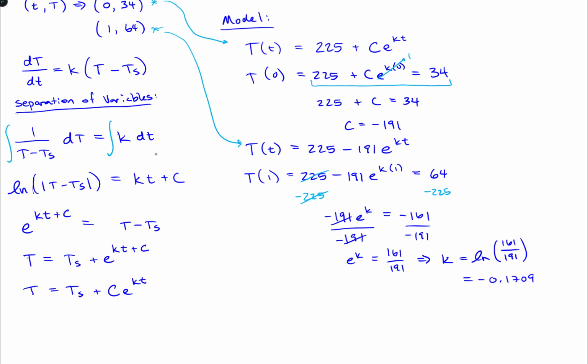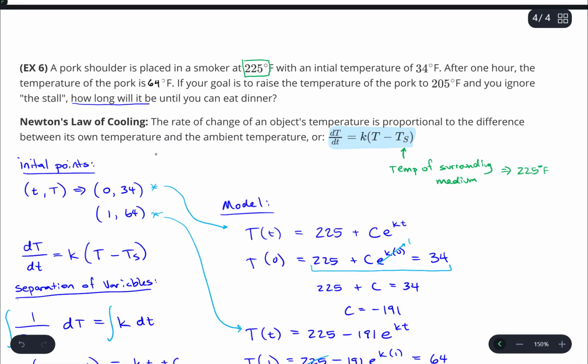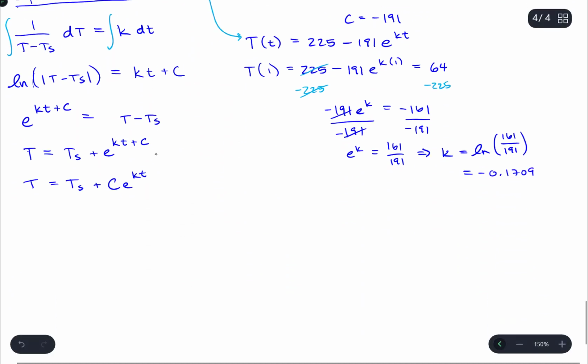Okay, now, the next thing is to answer the original question, which is, how long will it be until we can eat dinner? All right, so we want the pork to reach 205 degrees before we can do that. So how long will it take to reach 205 degrees?